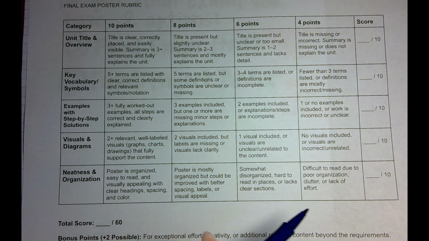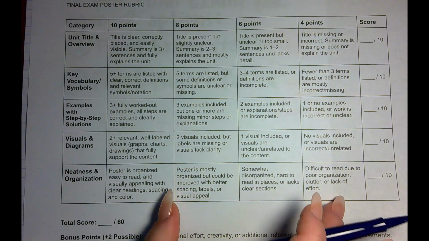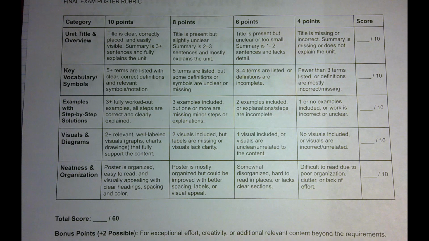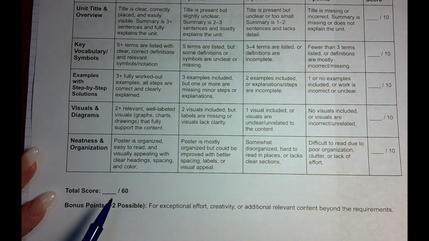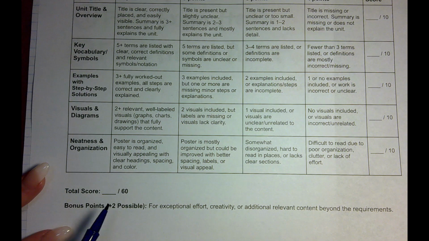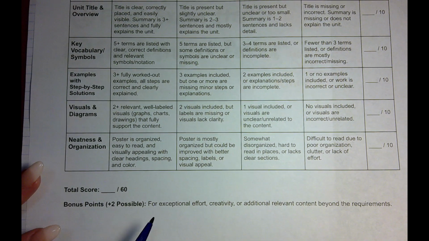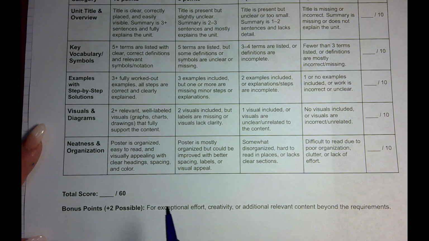And the less organized and neat it is, the fewer points, as you can read on our rubric. So this is a total score of 60 points on your grade. And you can get up to 2 bonus points for showing extra effort, creativity, or just going above and beyond and doing more than I'm asking for.